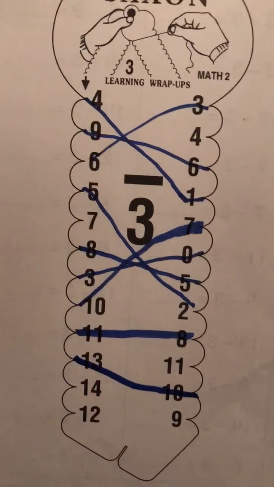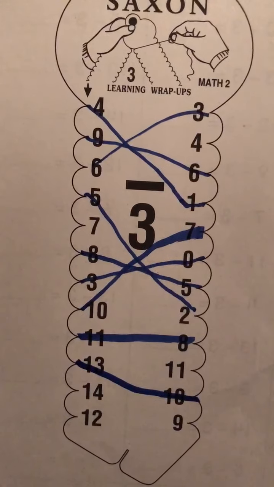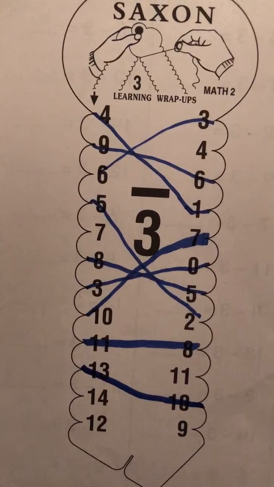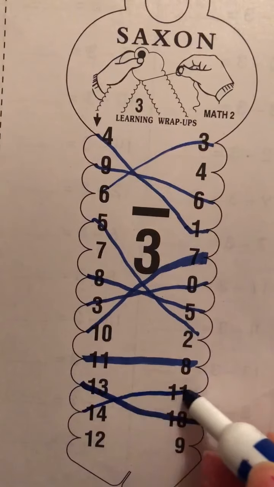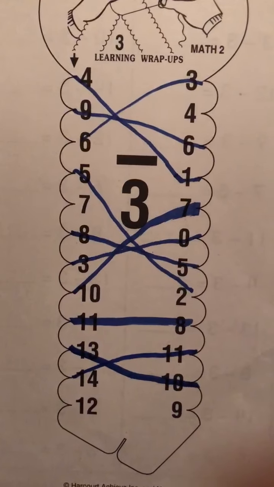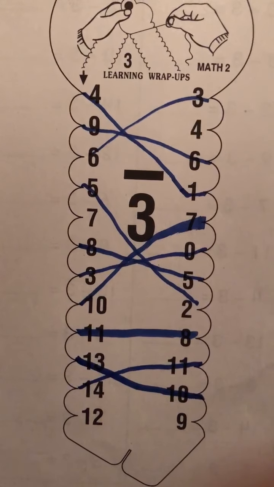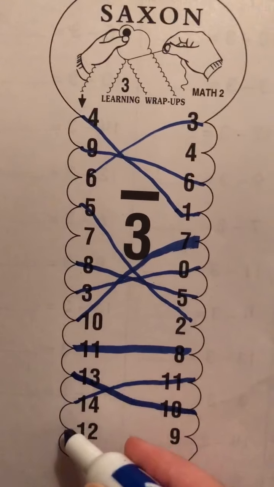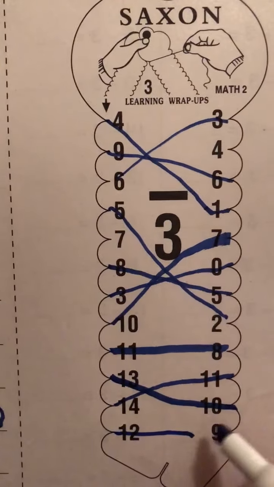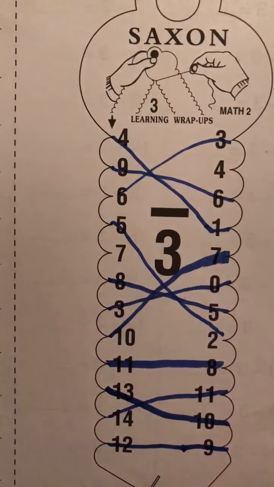All right, if 13 minus 3 is 10, then 14 minus 3 equals 11. And last one, 12 minus 3 equals 9, straight across, because 9 plus 3 equals 12.